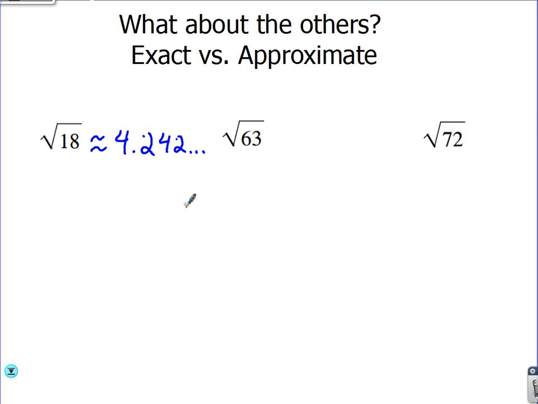That's an irrational number. So my question for you is, the square root of 18, if it's irrational, let's say that you're building a bridge, and I use this example a ton. You do this calculation, and it comes out to be the square root of 18, and you know what you do? You take that and you chop it off at 4.242, and you say, okay, the square root of 18 is this, and then you use that number to find another answer.